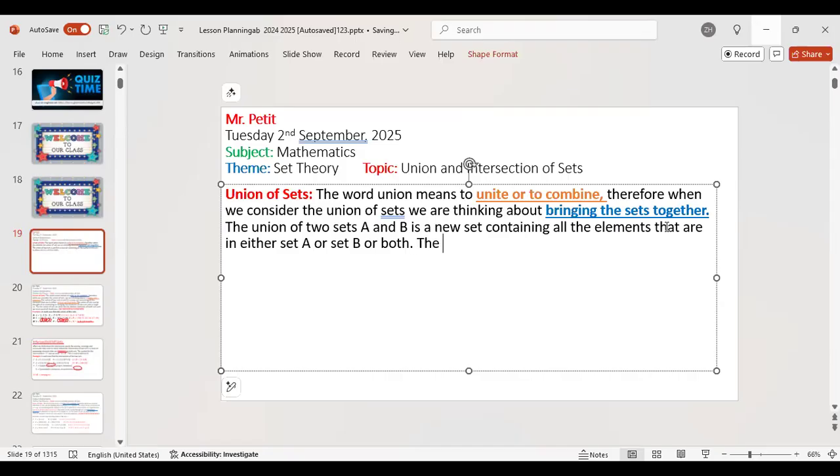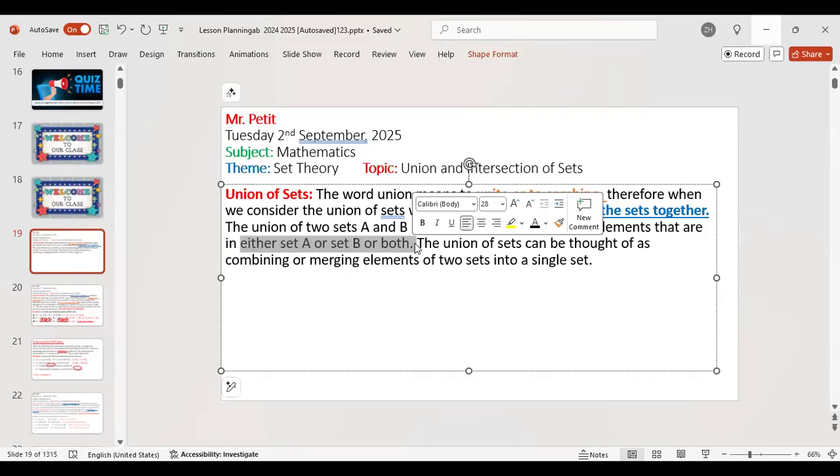The union of sets can be thought of as combining or merging elements of two sets into a single set. So we're combining them, right? The words that I want you to highlight here are: in set A, B, or both.